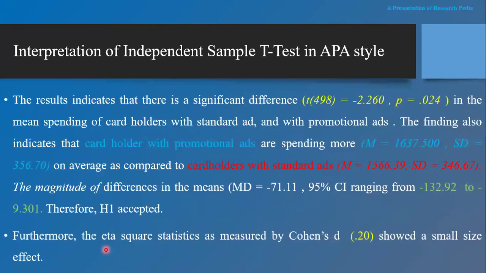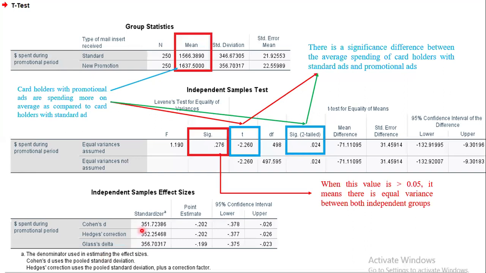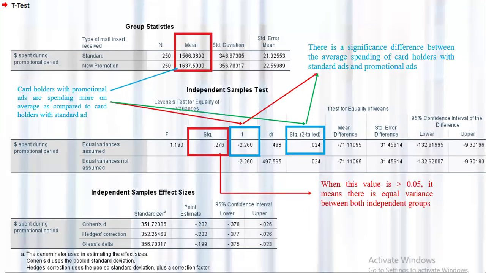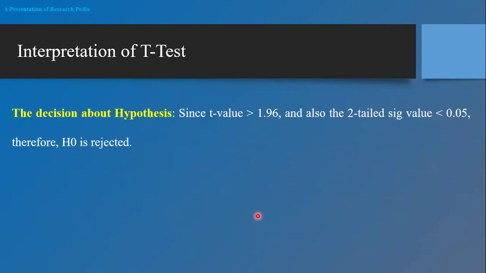So if you see, there are some additional statistics here. So this is Cohen's d and it is minus 0.202. This is some statistic. I will let you know what it means. So this is the interpretation. I hope you have understood this.